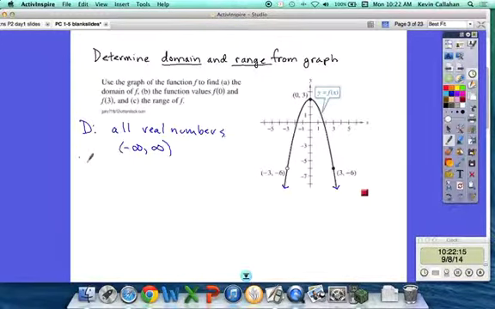So you would say that the range is what? Negative infinity, 3. If we set it with the inequality symbols, it would be y is less than or equal to 3. If we set it with interval notation, it would be negative infinity to 3, and because it includes 3, you use a square bracket.